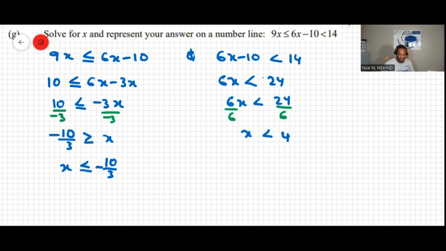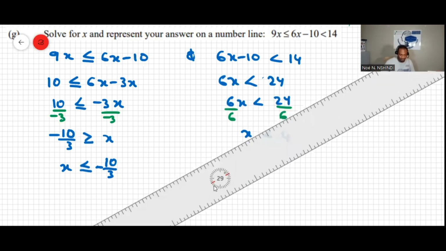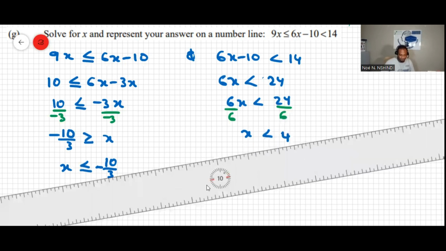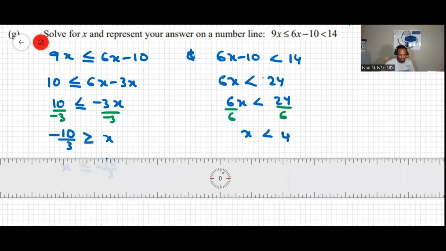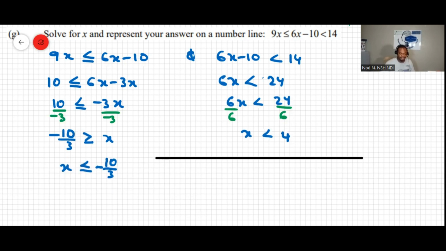If I want to draw my number line here, I'll place negative 10 over 3 there, and then 4 over there.